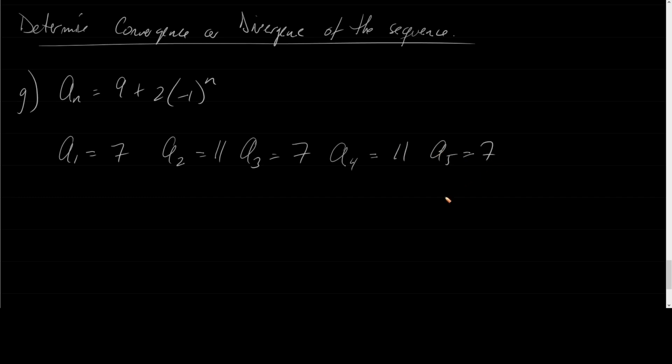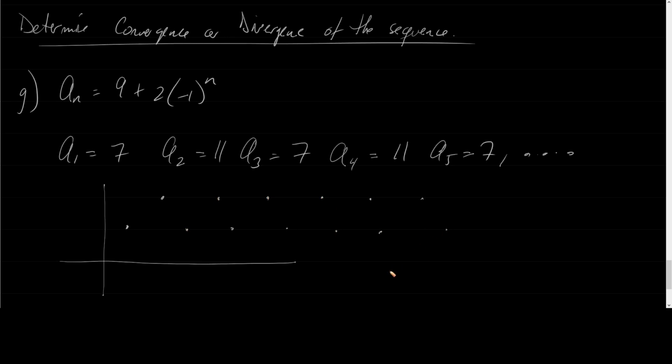So in here, then obviously going on forever, right? So in here, what do we see? Well, we see that our sequence is alternating between just two values, 7 and 11, right? So in other words, what am I saying here? Here's 7, here's 11, here's 7, here's 11. So what would the limit of this be as n goes to infinity?